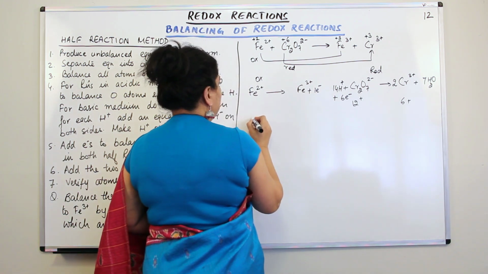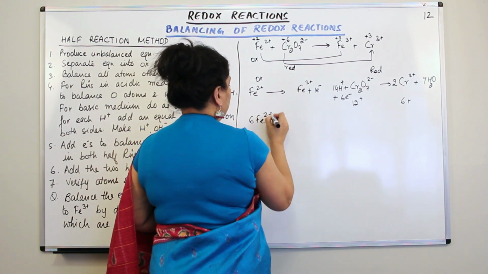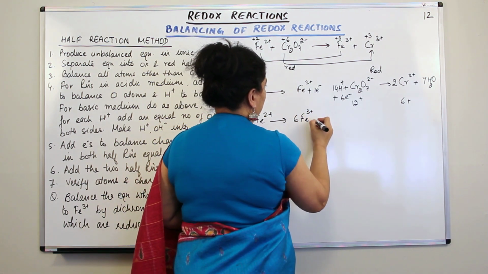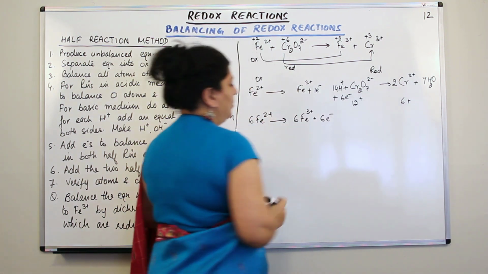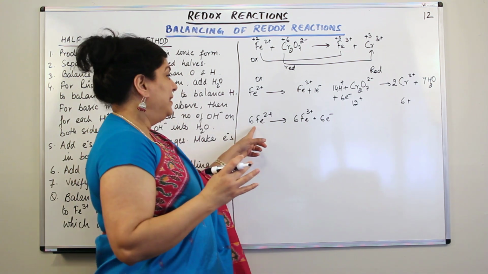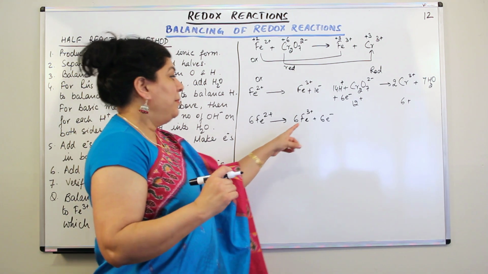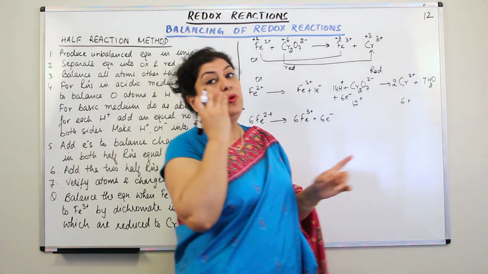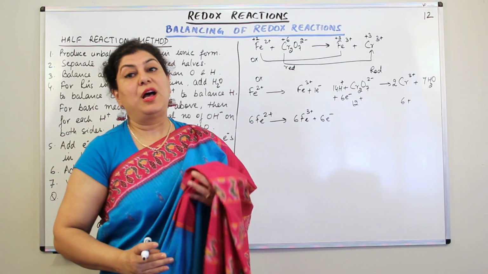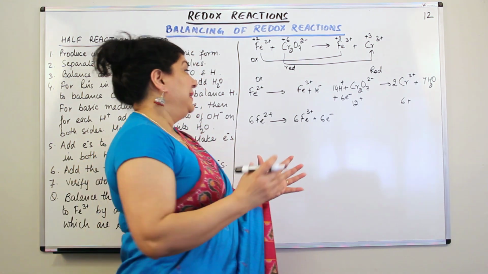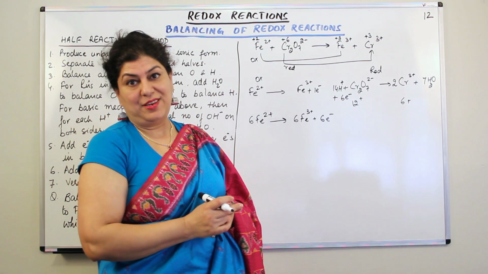So I get 6 Fe2 positive will give me 6 Fe3 positive plus 6 electrons. Now this is my oxidation half reaction, where the number of electrons in both the oxidation half and reduction half are equal.